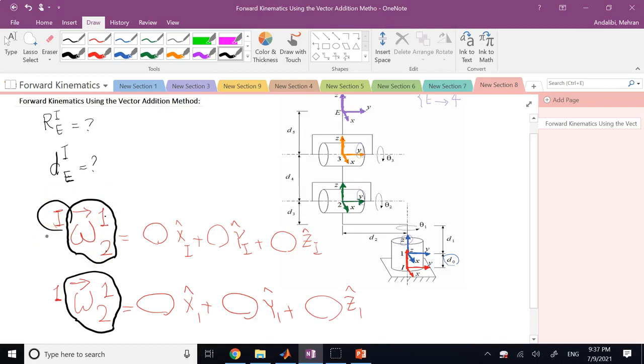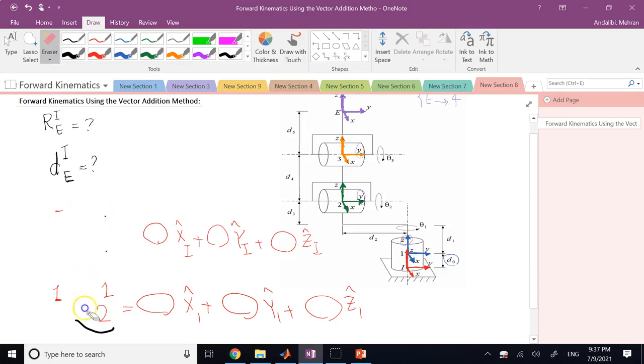Okay, so if I want to put the whole thing for you as a single notation, this is how I describe it.